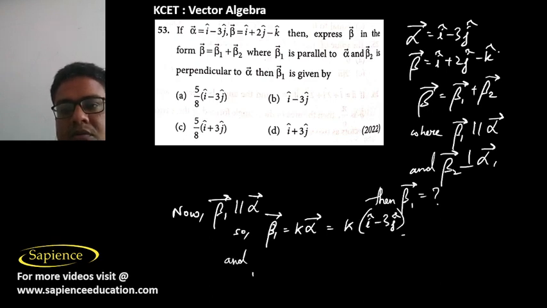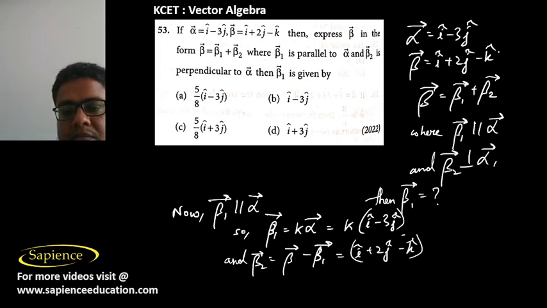And so beta 2 vector, I can say that is beta vector minus beta 1 vector. So that will be equal to I cap plus 2j cap minus k cap. Suppose beta 1 is m into alpha, so minus m I cap minus 3m j cap.